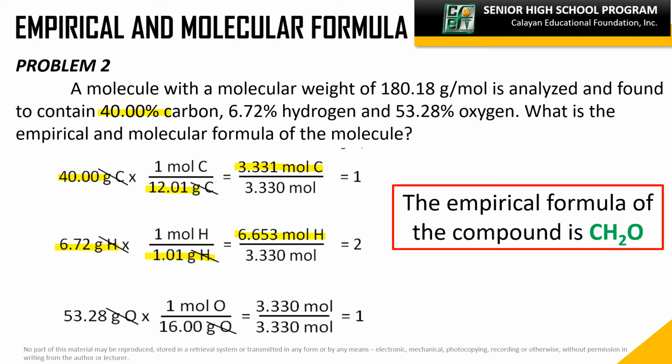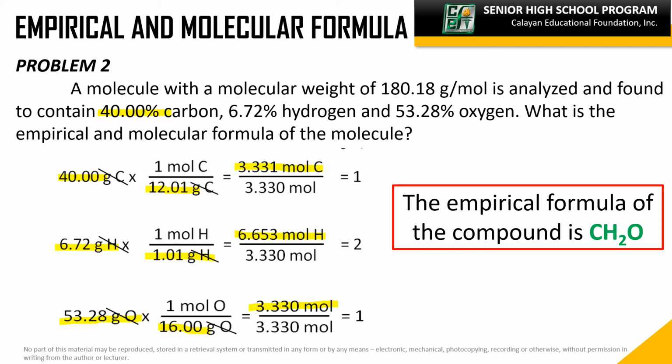Now for oxygen, our sample has 53.28 grams, and in every 1 mole of oxygen, there are 16 grams. So 53.28 times 1 divided by 16 will give you 3.330 moles. Among these 3, we have to get the smallest value, which is 3.330.